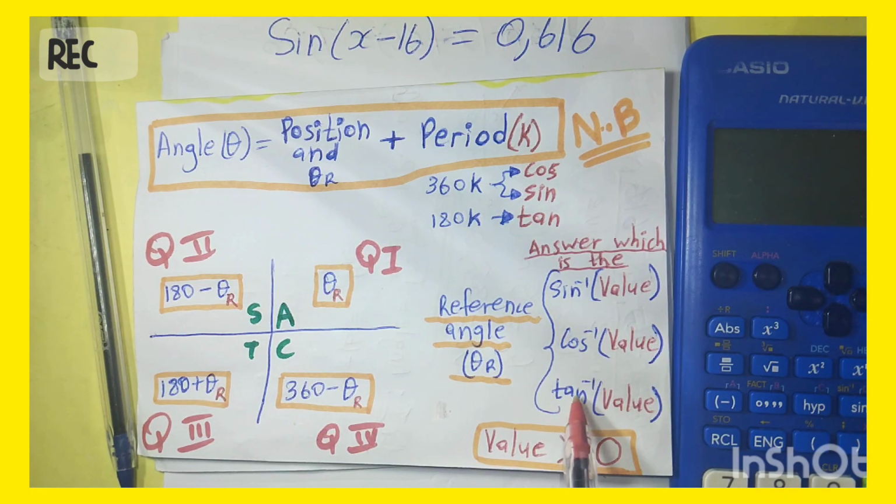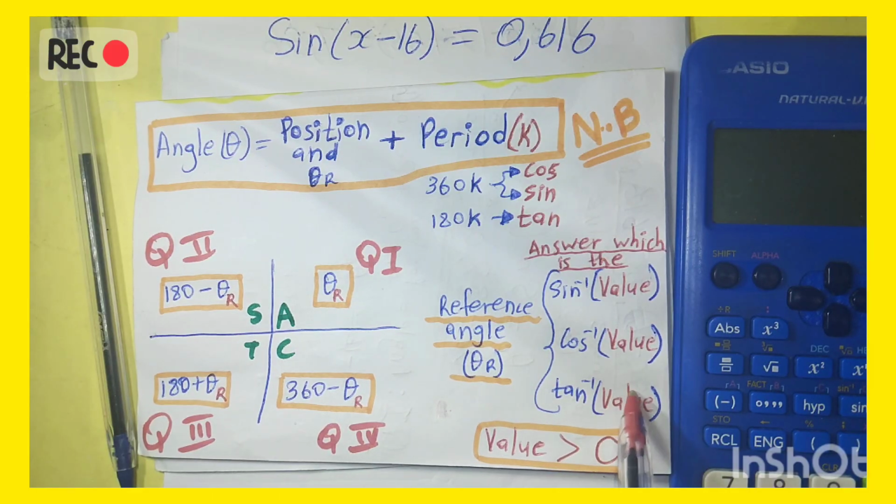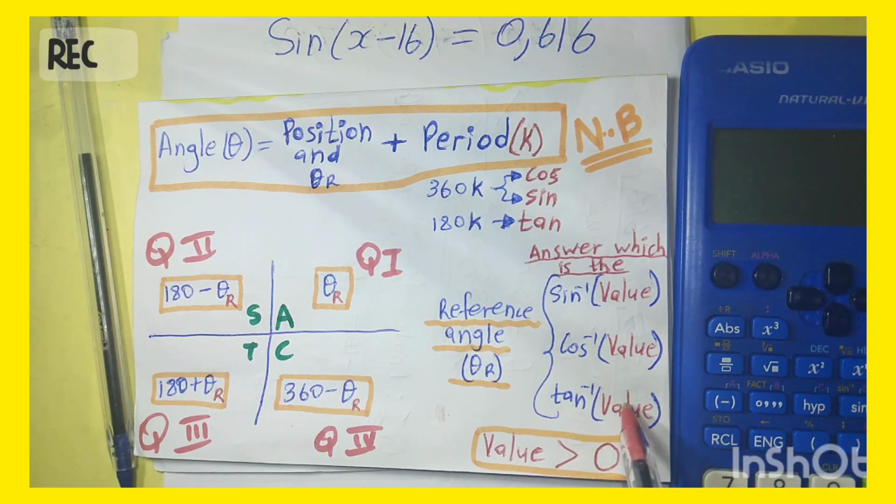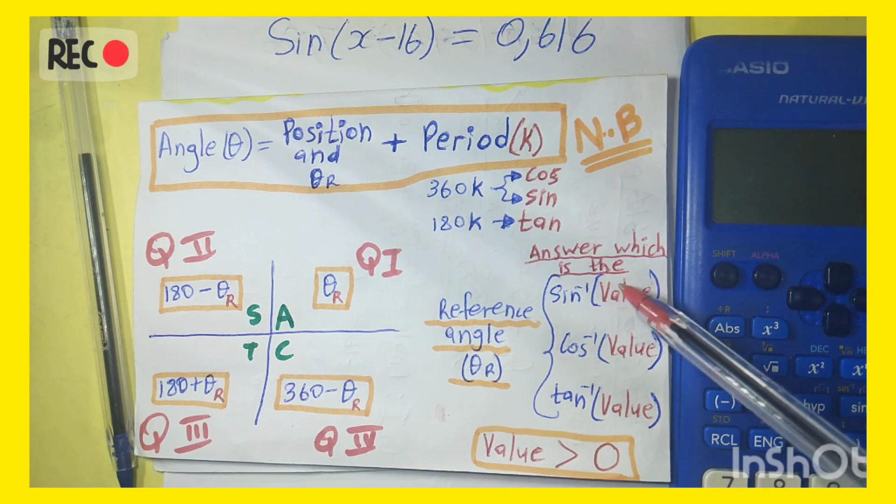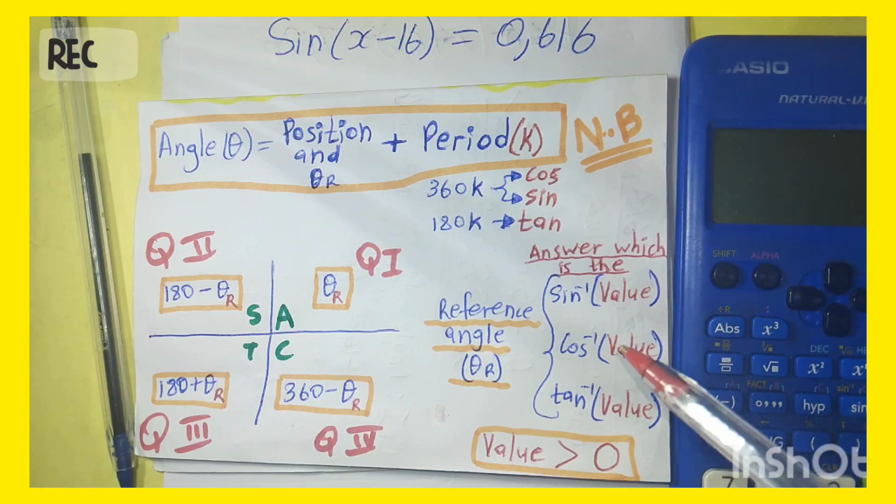If it's tan, you'll just say tan arc, then put the answer, which is the value of that function. And all the time, that value you should substitute here as positive, even if it's negative; here you should put it positive.